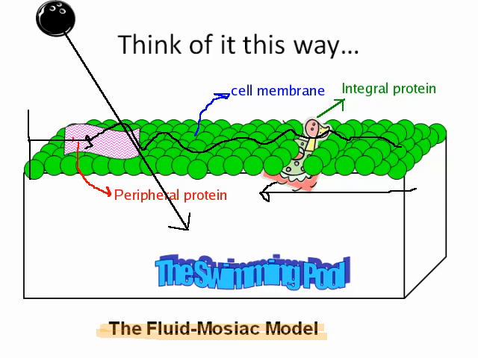If this was a static structure, and when I mean static, I mean non-movable, non-fluid based, you would lose the ability to some degree for this to be selectively permeable. And so it's critical that, yes, we have these structures that are here, but that they remained independent of one another and yet still interact with one another.